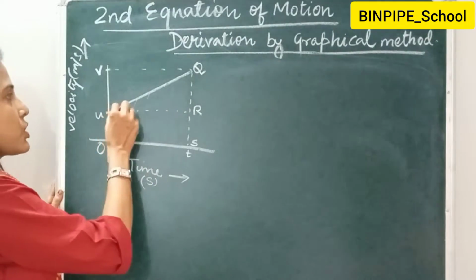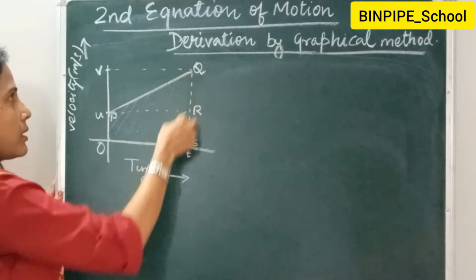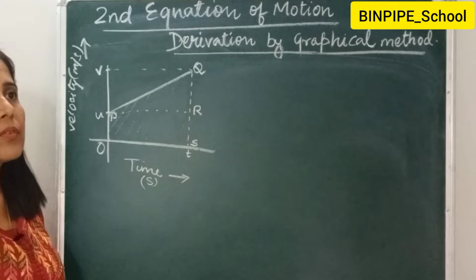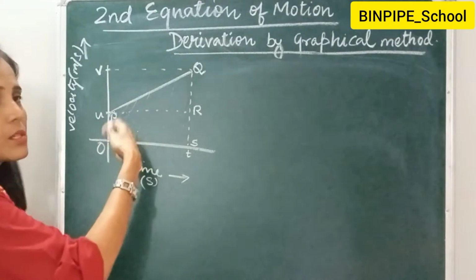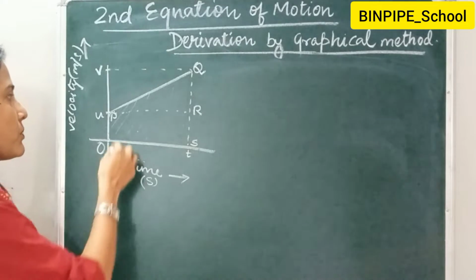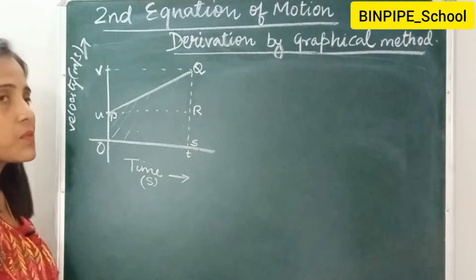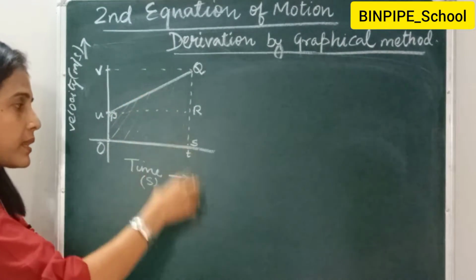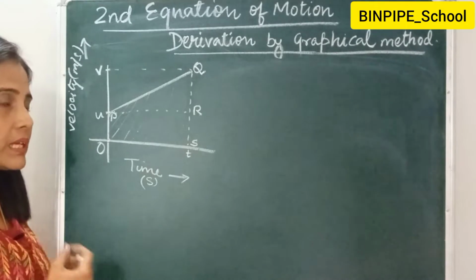Actually the area of the velocity time graph defines the distance covered by the body. So that is why we take the help of this area of the trapezium and then we derive the equation. This is the hint, you can say.